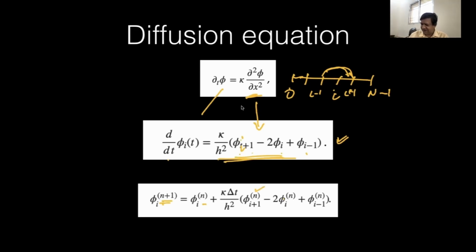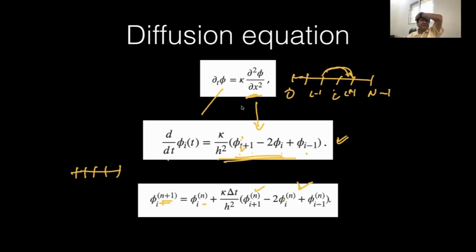Now we know this: when I time advance, I know the values at phi^n, so I can get ahead. Given the initial condition in real space points at t equal to 0, I can just time advance.